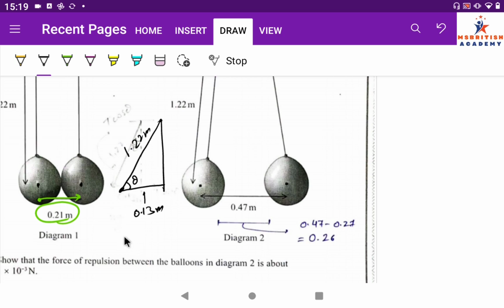So the value of sin theta is 0.13 over 0.22 meters.